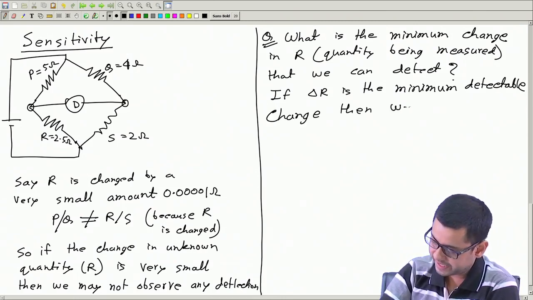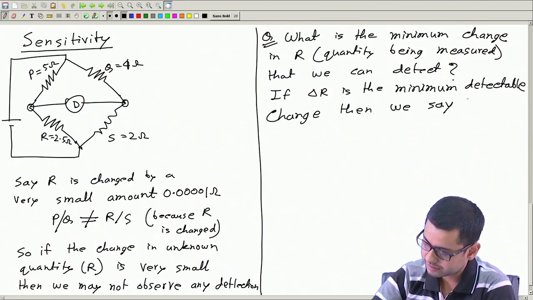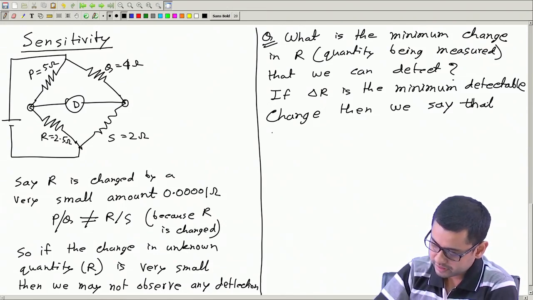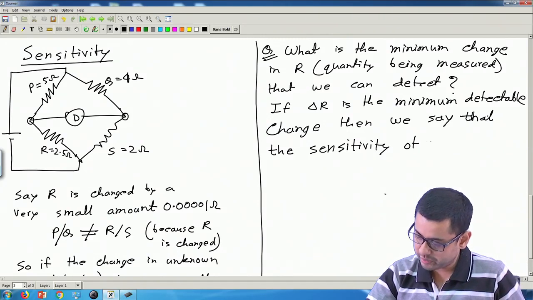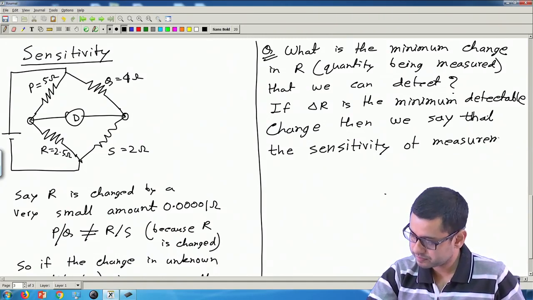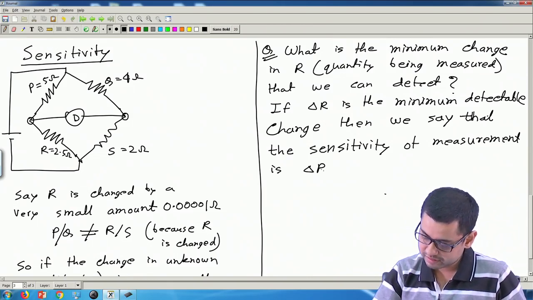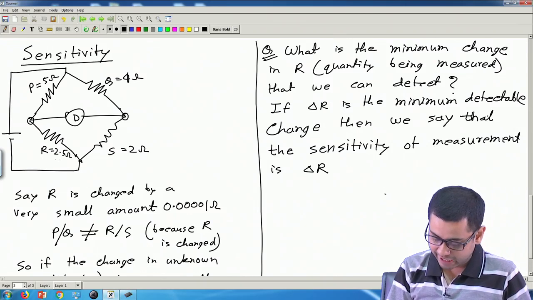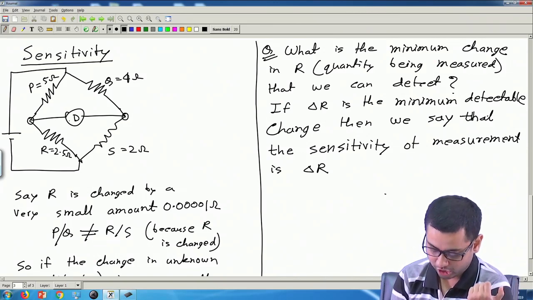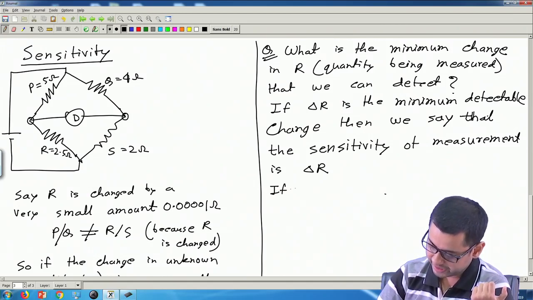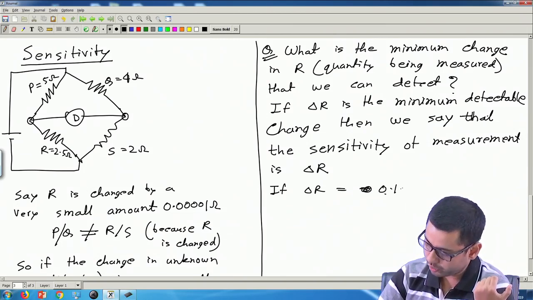Then we say that the sensitivity of measurement is delta R. So, the minimum change in the unknown which we can detect or observe is called the sensitivity of the measurement. Say delta R is equal to 0.1 ohm.